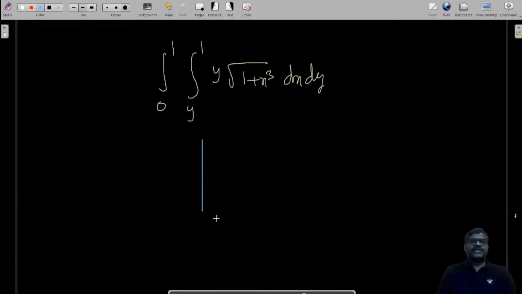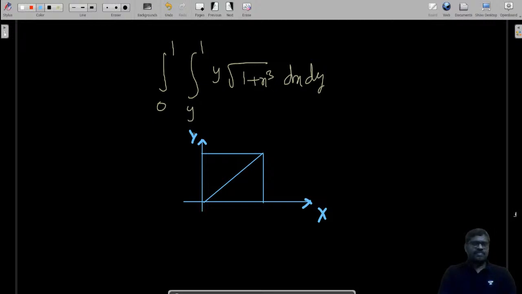That's why we have to change the order. First identify the region. x equal to y, x equal to 1, y equal to 0, y equal to 1. That is our region.